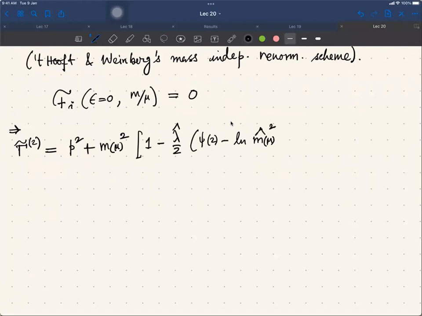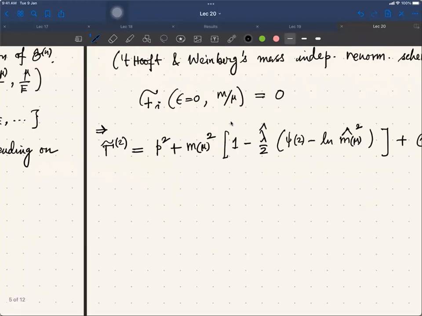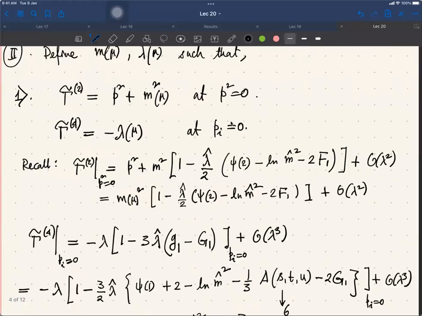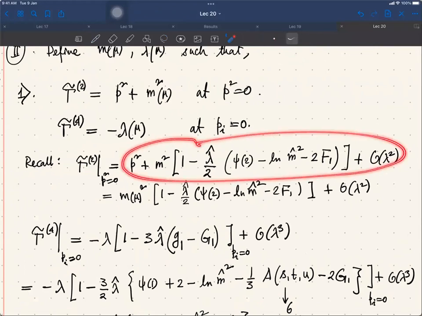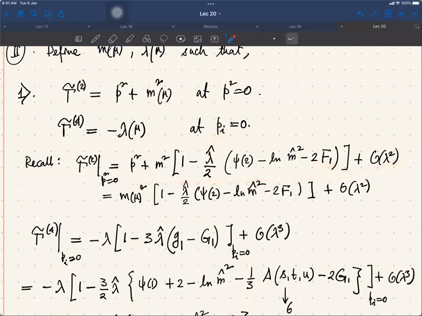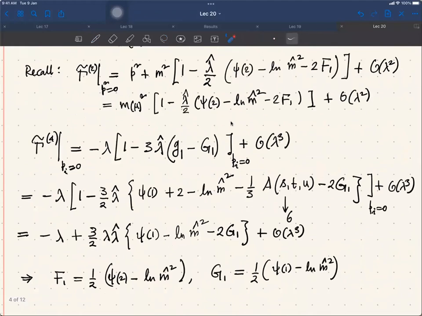That's a function of mu, so I'm making that manifest here. Plus a lambda squared contribution. This is just coming from this expression, taking this expression and setting f1 equal to 0. That's what I wrote here. And similarly, gamma tilde 4 will be given by this expression with 2g1 set to 0.